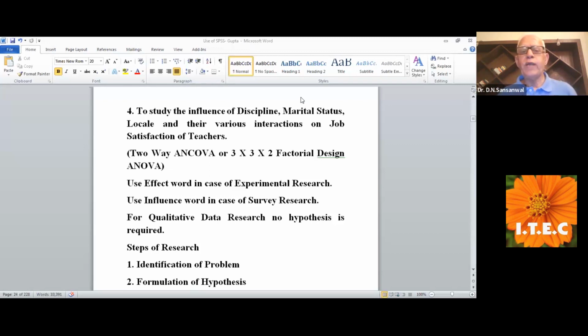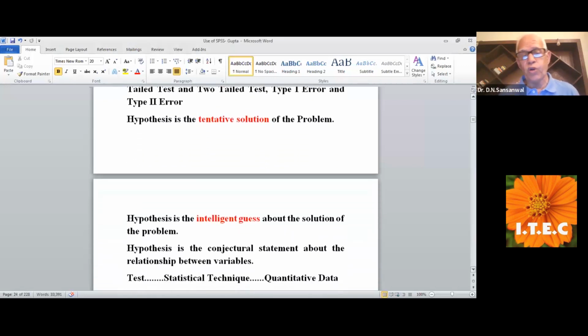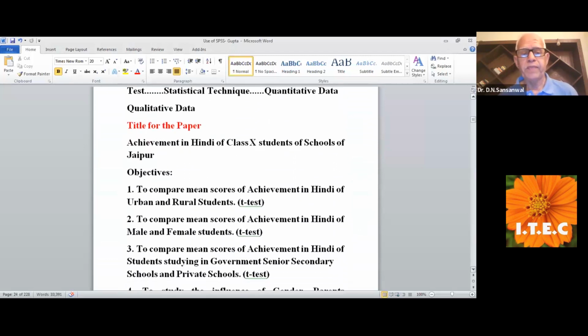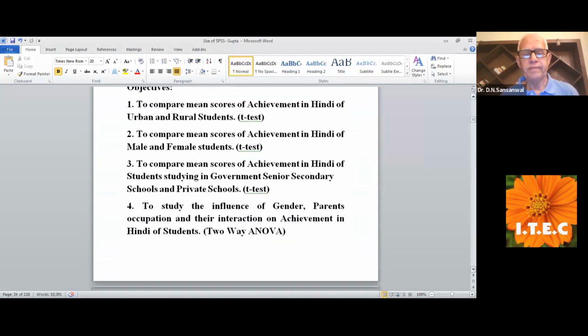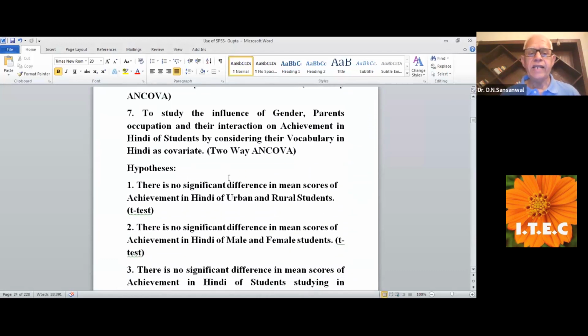Now, if you want to convert it into the directional, you can, provided you have a strong base. That if you write like this, there is a significant difference. Now, this is not in the null form, this becomes a directional form.